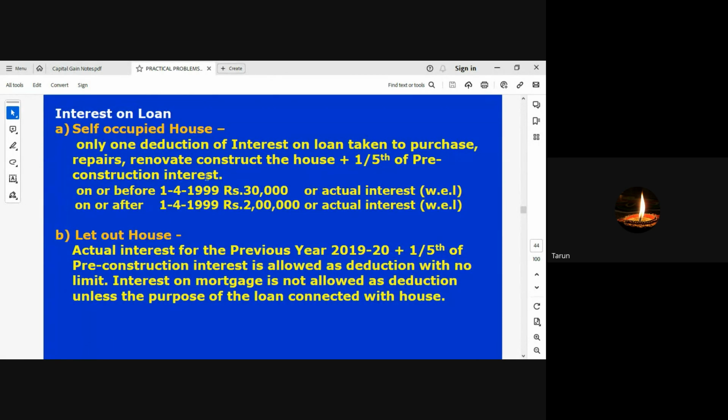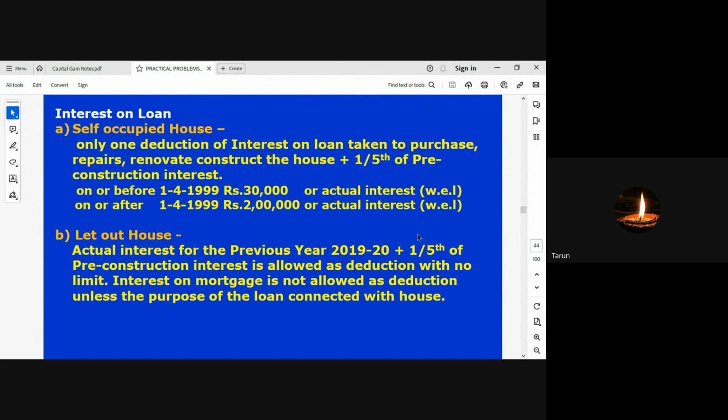This is on the theoretical part, how to estimate in the case of self-occupied houses and let out cases. Only one deduction of interest on loan taken to purchase, repair, and renovate or construct the house, plus 1/5 of the pre-construction interest. It's already given: before 1st April 1999 it is 30,000, and after this date it is 2 lakh, or actual interest, whichever is earlier.